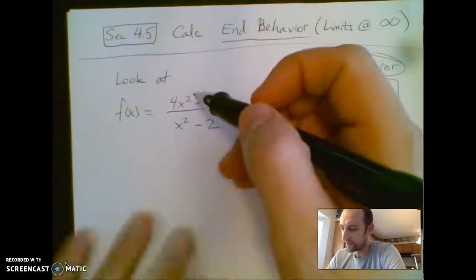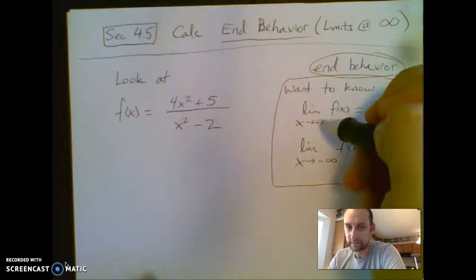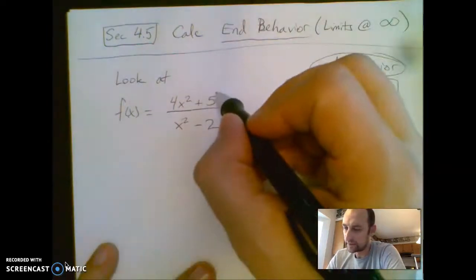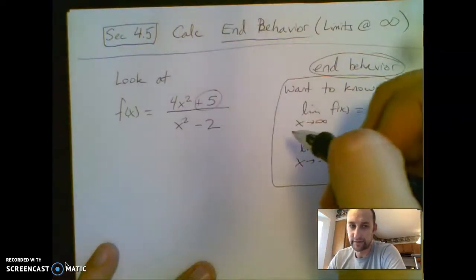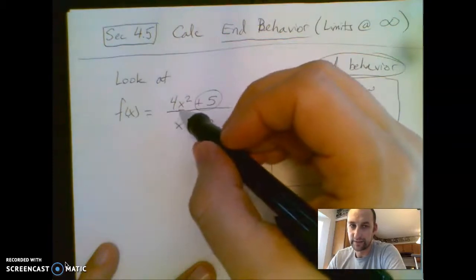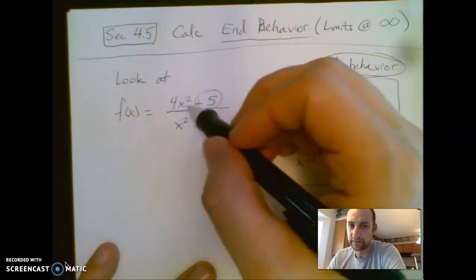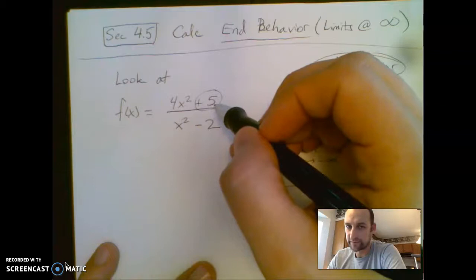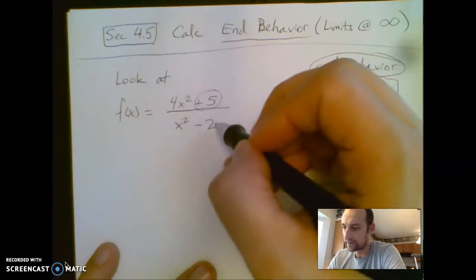But what's kind of cool is, as x gets really, really huge, this means very little. Because think about it, if this was worth 4 million, was 4 million plus 5 really going to make much of a difference? No. Same with the minus 2.